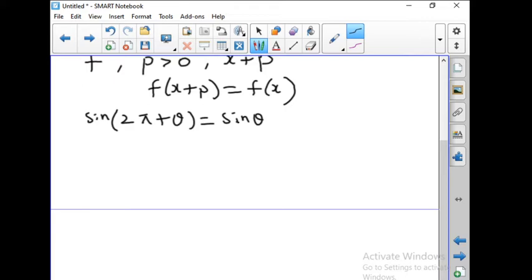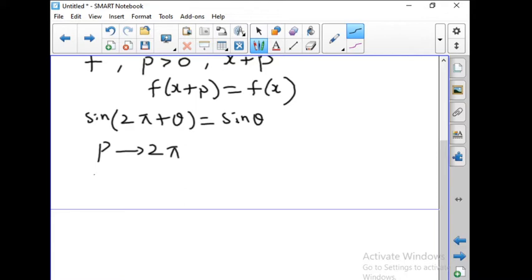So sine theta. So f of x plus p is equal to f of x, and p is the period. What is p here? 2 pi. Therefore, the period of sine x, sine theta is 2 pi.